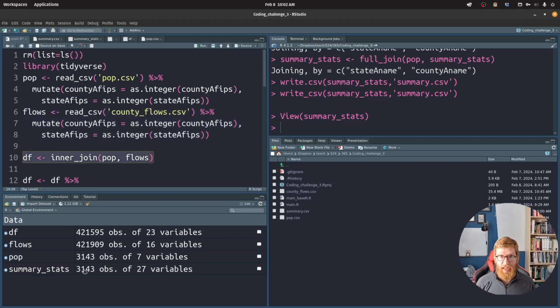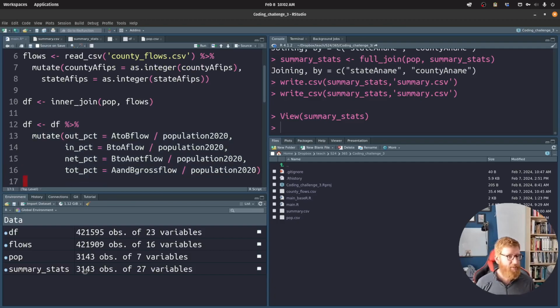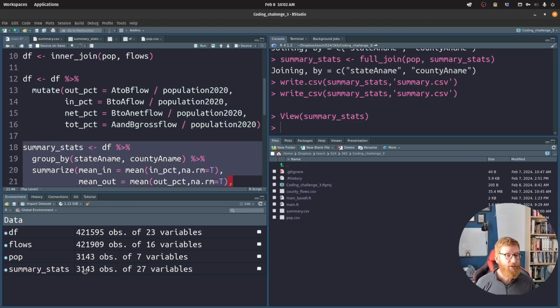We join the data, right? So this is one of our key tasks. Then we add these new variables into our data, the other key task, and then we calculate those summary stats by county. And really these 3 lines is sort of where most of the action is visible.